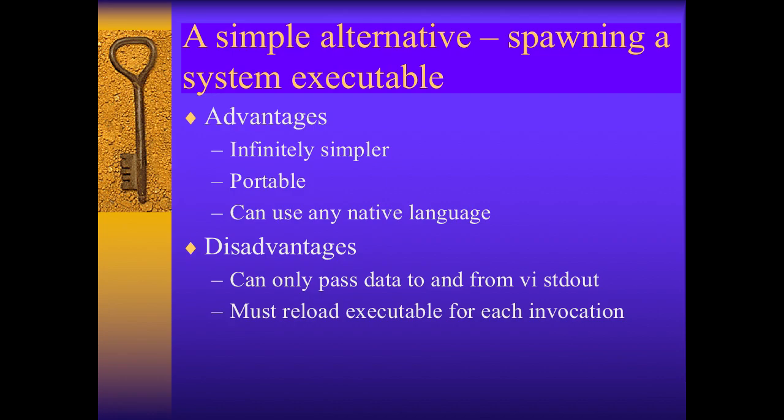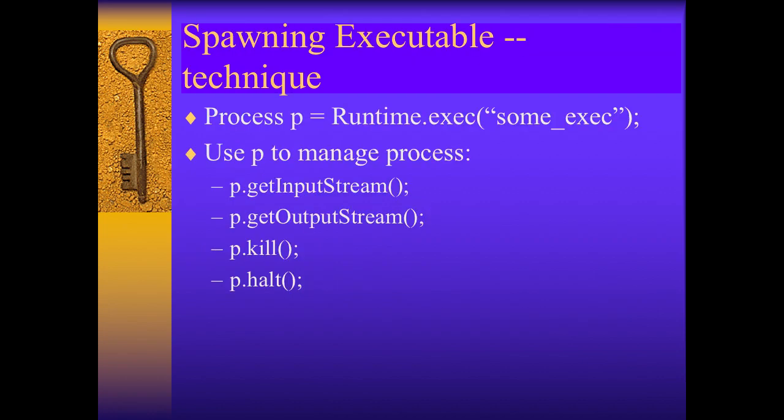One way to do it is to go straight into the executables. If you have an exe file, you can invoke it using a process and call runtime.exec, and that makes life a lot easier. Then you can get the input and output stream, you can kill it, you can halt it, you can do whatever you like. Runtime exec's not as fast or as low level, but it is a way to go, and it may be useful in some cases.